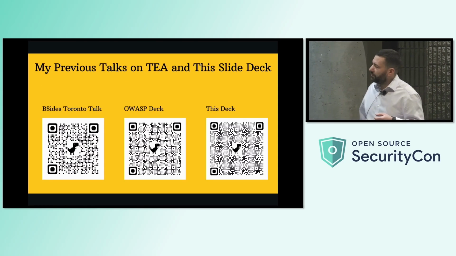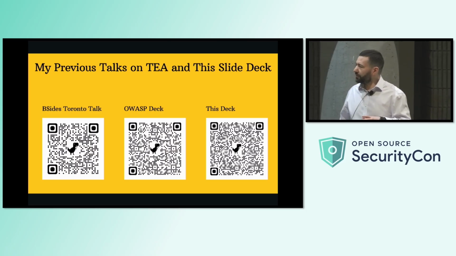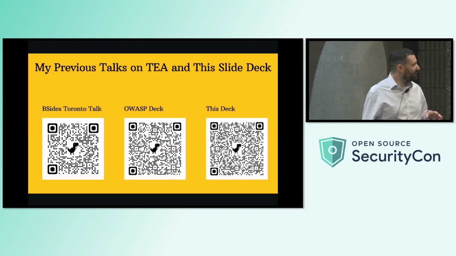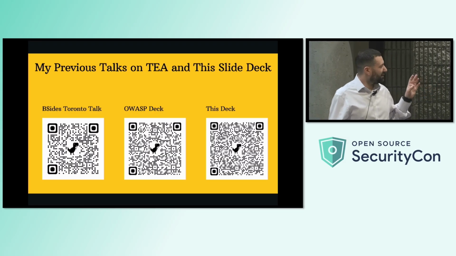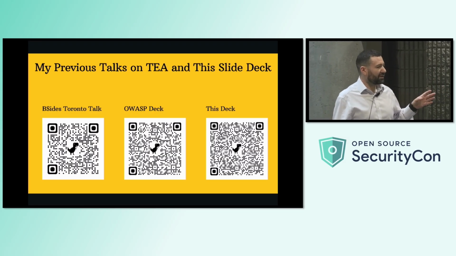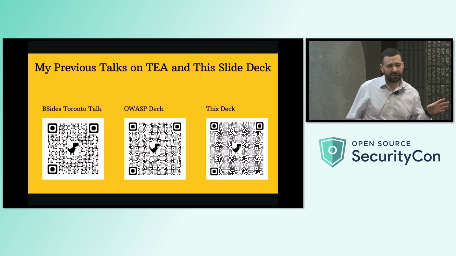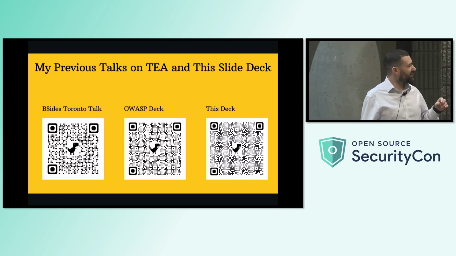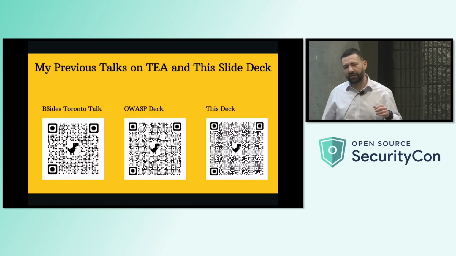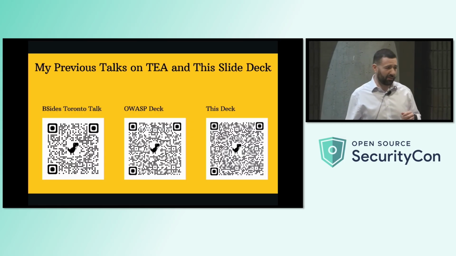Before I go any further, I put this slide with 3 QR codes. The first one is my initial talk on the subject, which has a lot of motivation and introductory information. The second is a deck from my talk at OWASP Global AppSec.